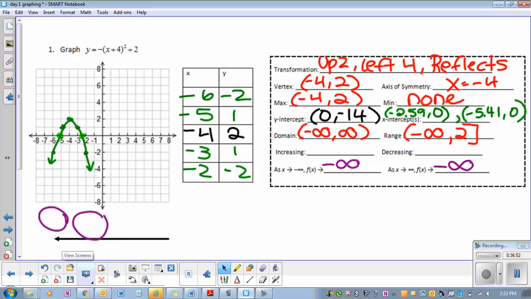All right, so now increasing and decreasing intervals. Where's your axis of symmetry? X equals what? Negative 4. So at x equals negative 4, right there, that's where my line goes.